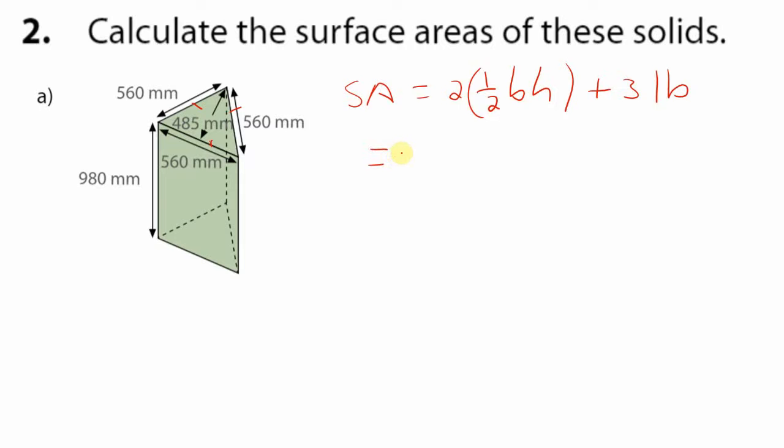So we have in fact now 2 times a half, the 2 just cancel out, so that's 1. So we actually just have the base times the height. So our base is 560 millimeter, so we can replace our base by 560 millimeter. The height is indicated as 485 millimeter.